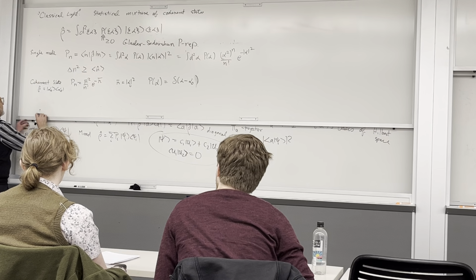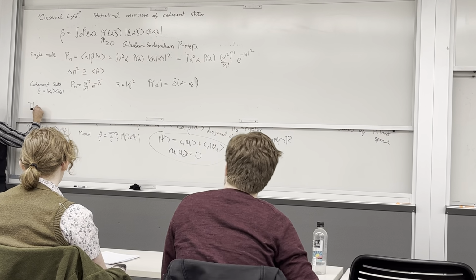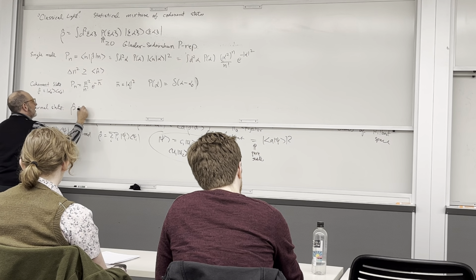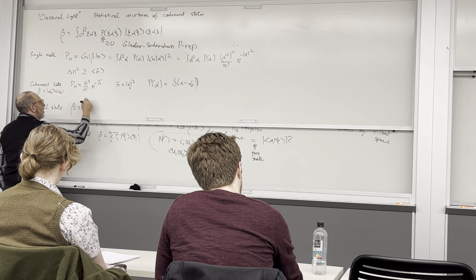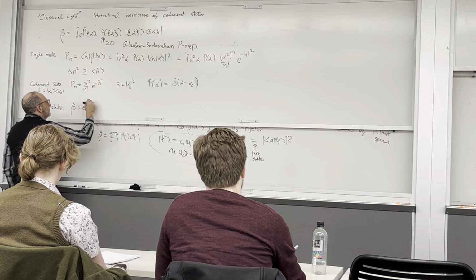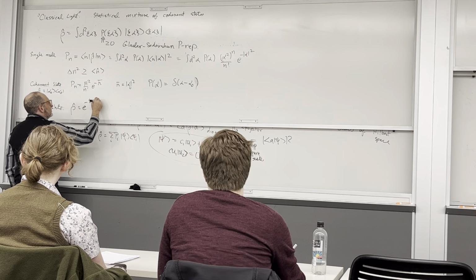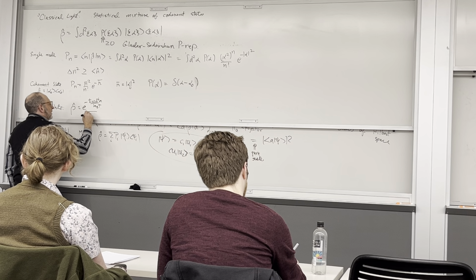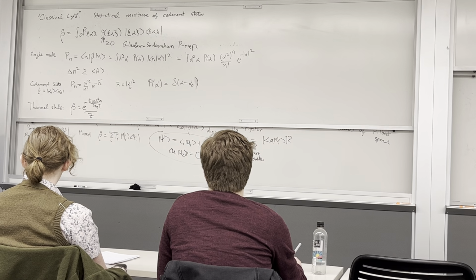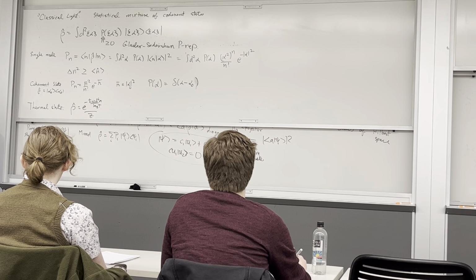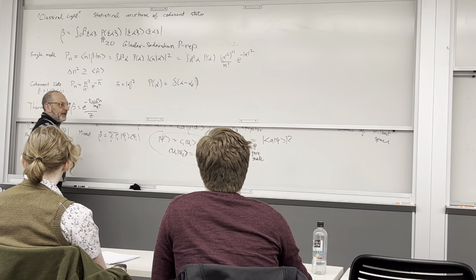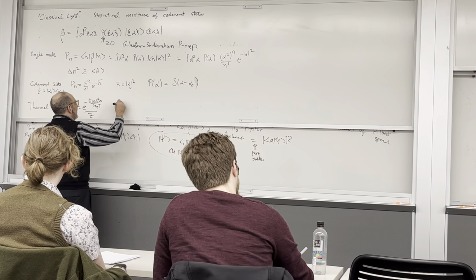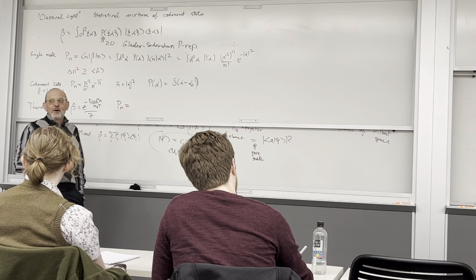In contrast, if we have a thermal state, where rho, for a given mode, is given by the Boltzmann distribution, then we remember that the probability of finding n photons in the mode is what?